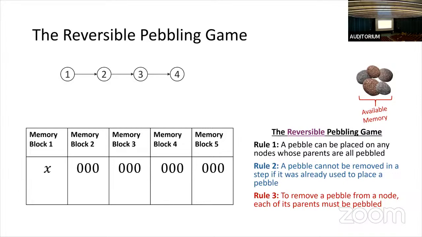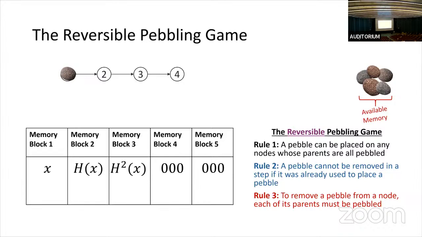So this makes sense because if we're trying to uncompute something, then we have to re-query the information in order to remove that label. Okay, so let's go through our old example. First, we computed h of x, and so that's going to be like placing a pebble on node 1. Using h of x, we can place a pebble on node 2.